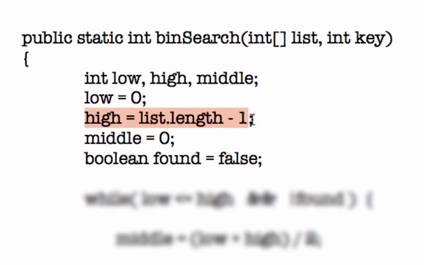On the other hand, high is the highest possible index in our collection so far. At the beginning, that will be the last element in our array. In order to calculate that, we can use Java to determine the length of the array and subtract 1, because we start with index 0. We don't know what the value of the middle element is, so we initialize that to 0.